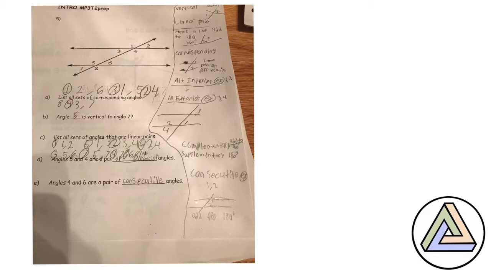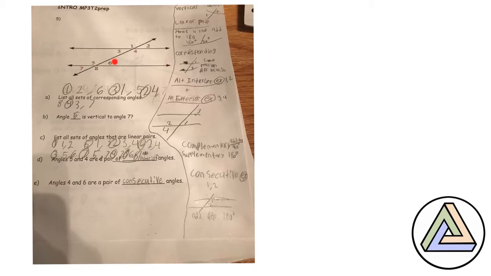So corresponding angles are angles like 6 and 2. Notice how 6 and 2, they're the same size. Even to the naked eye, they look like they are the same size. So 6 and 2, that would be a pair of corresponding angles. Another pair of corresponding angles would be 5 and 1. We can also say 8 and 4 are corresponding angles, and we could also say that 7 and 3 are corresponding angles.